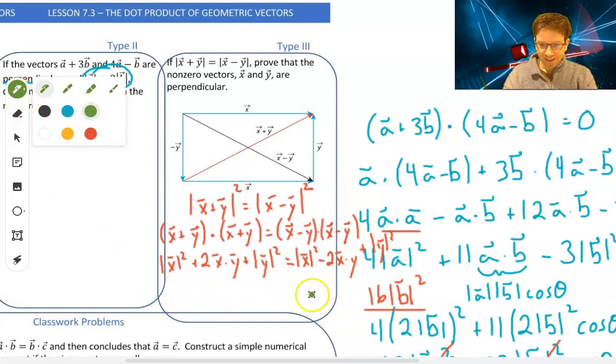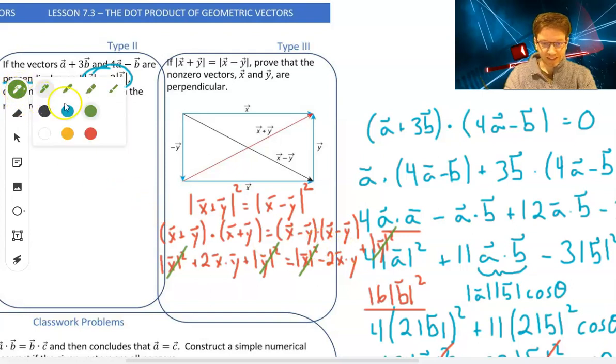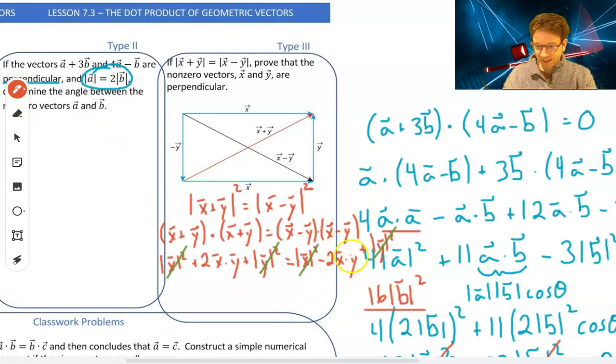Okay, now we can cancel some stuff out because we have the magnitude of x squared on both sides. So if we subtract it from both sides, they're gone. Same thing with y. But if I add 2 x dot y to both sides, they don't cancel.